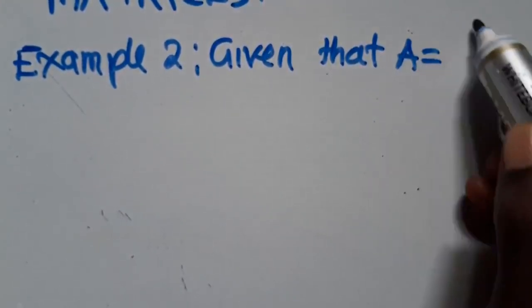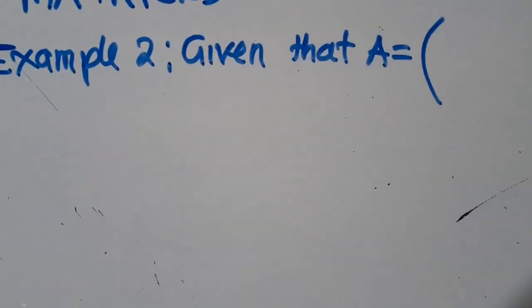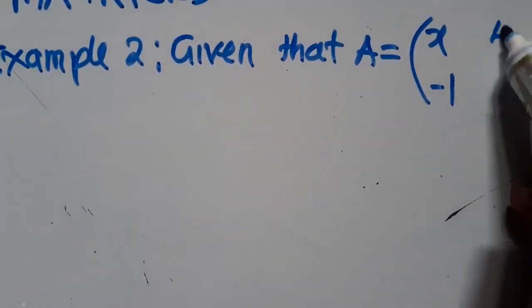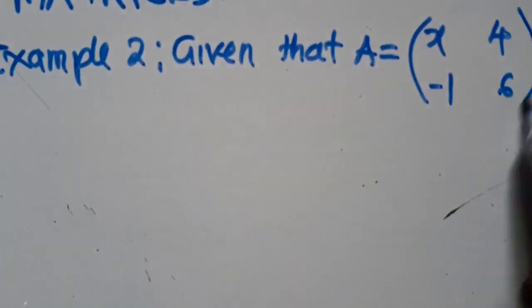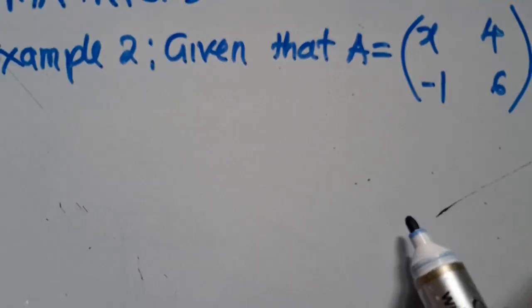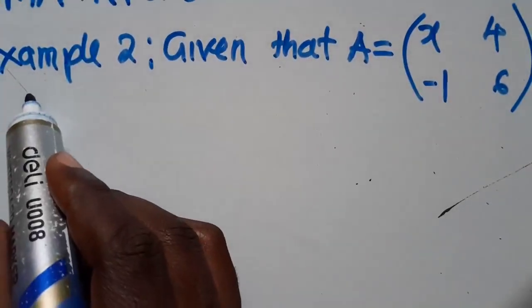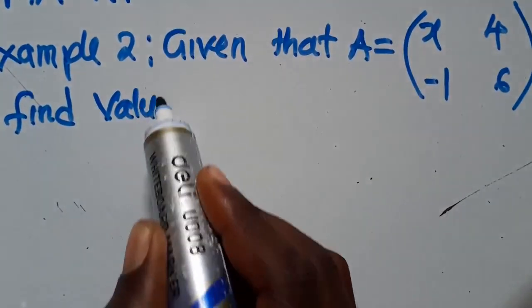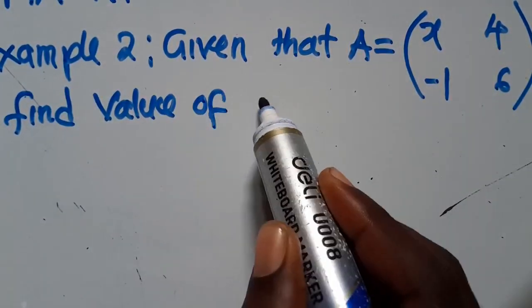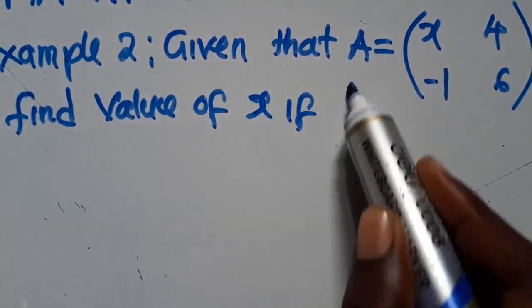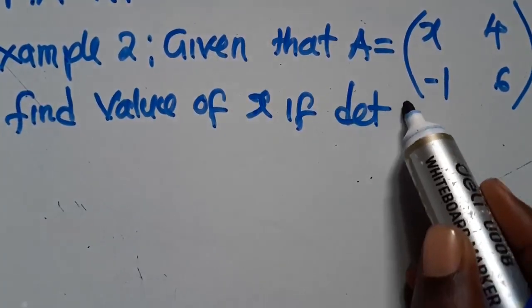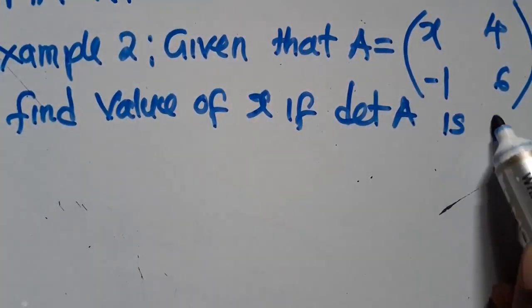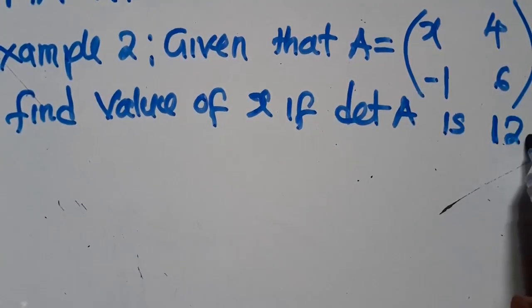Given that A is equal to x, -1, 4, 6, like that. Given that A is equal to that, find the value of x if determinant of A is 12.